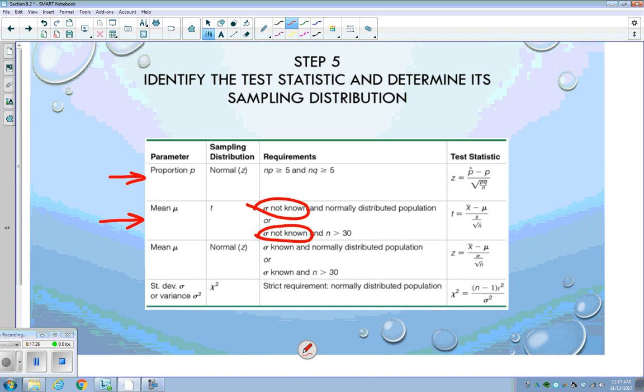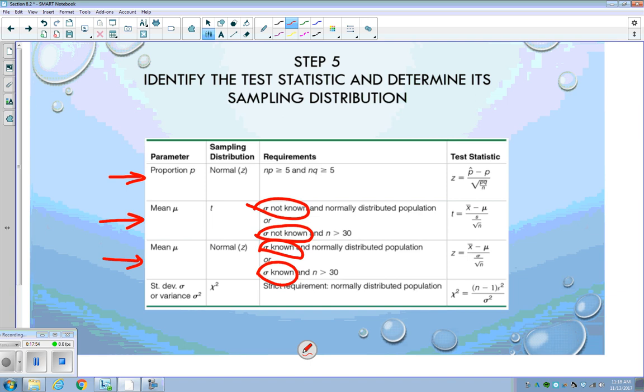What also has to be true is that the population is normally distributed, or my N is greater than 30. Okay? Then I would use my T. For a mean, I will use my Z when sigma is known.